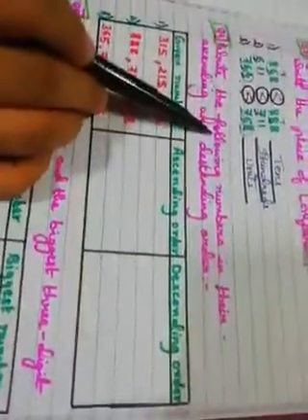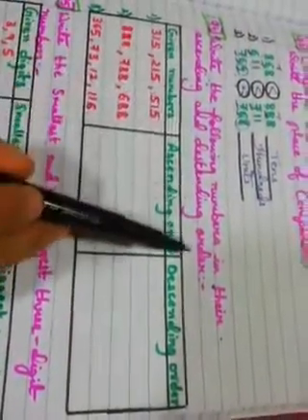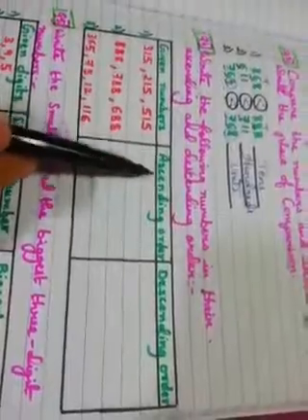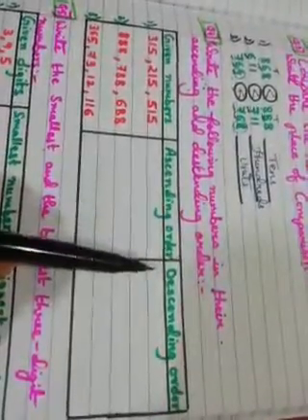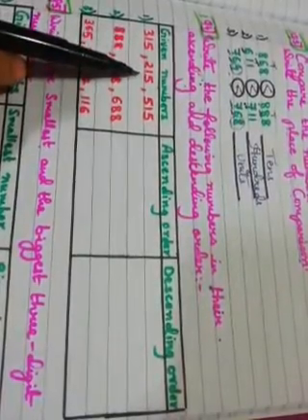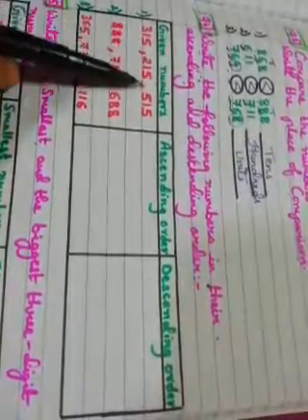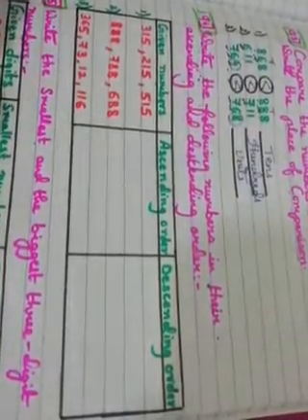Write the following numbers in their ascending and descending order. Ascending order means, children, from smallest number to biggest, and descending means from biggest you will come down to smallest number. First numbers 315, 215 and 515. All three are 3-digit numbers.